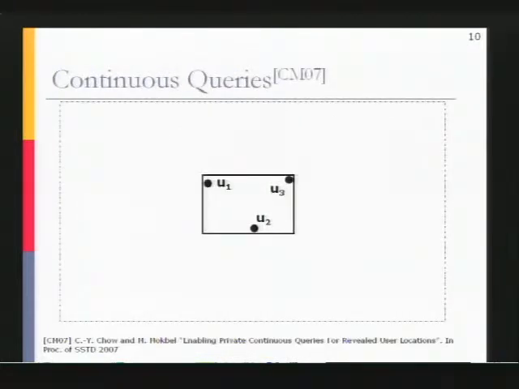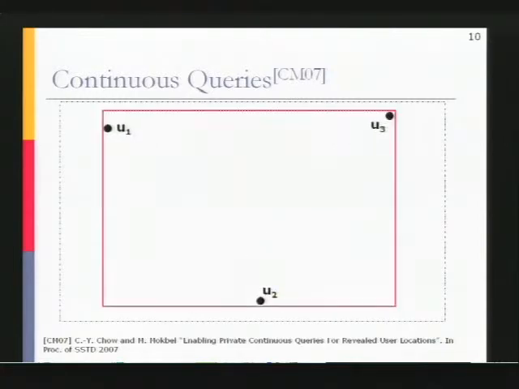There was another method, and this is the last related work method that I will present. This was an SSTD 2007 paper, which proposed the following simple fix. We can take the first snapshot of the continuous query and apply any reciprocal method on top of that, for instance, Hilbert Cloak. Then we freeze this set of users, and at the next timestamp, when the users move, we get a new ASR which is their bounding rectangle.